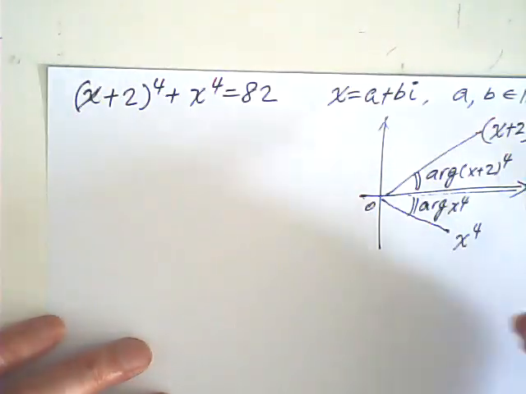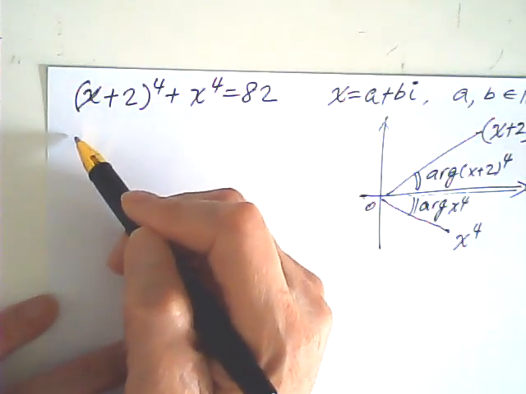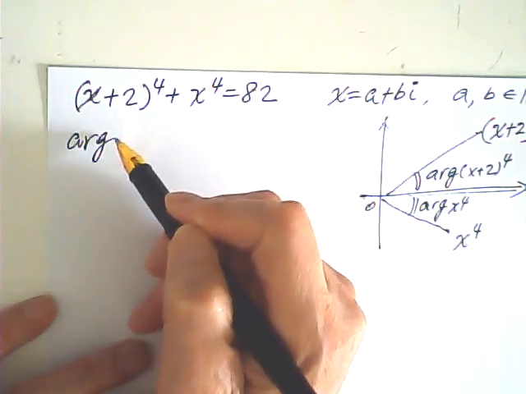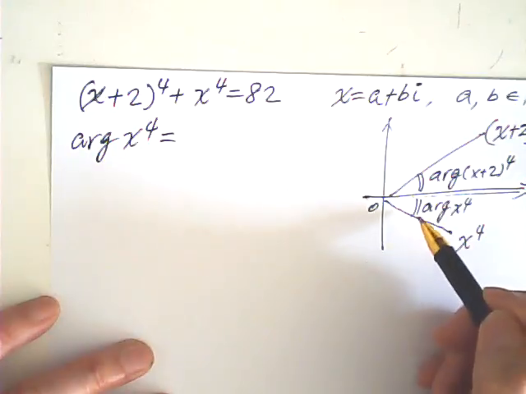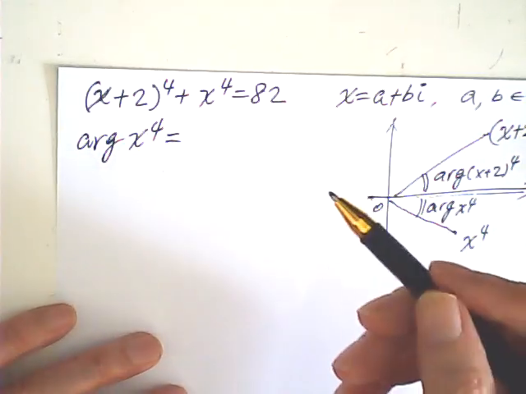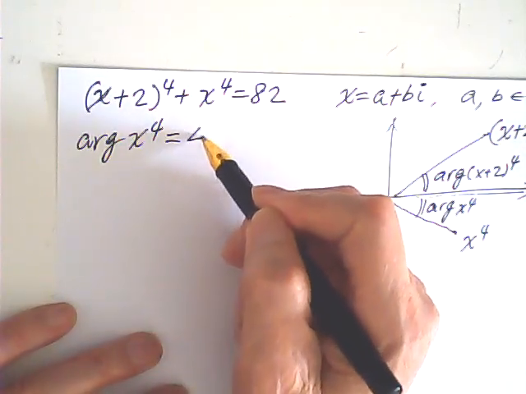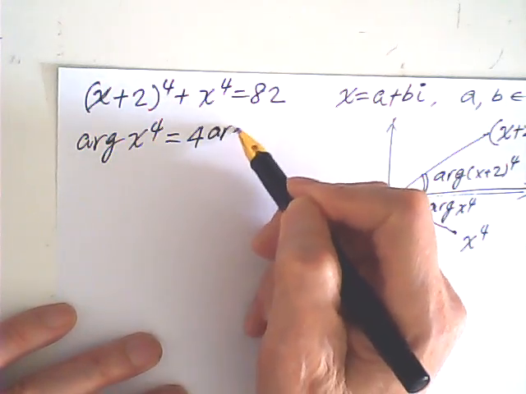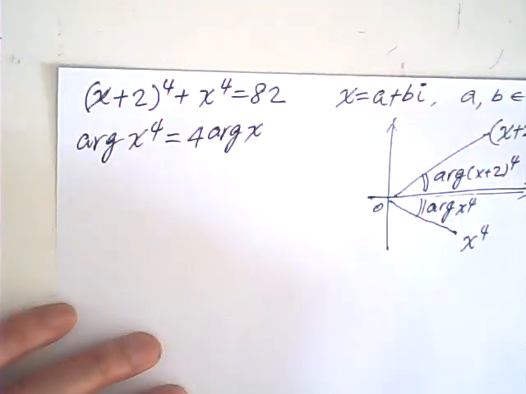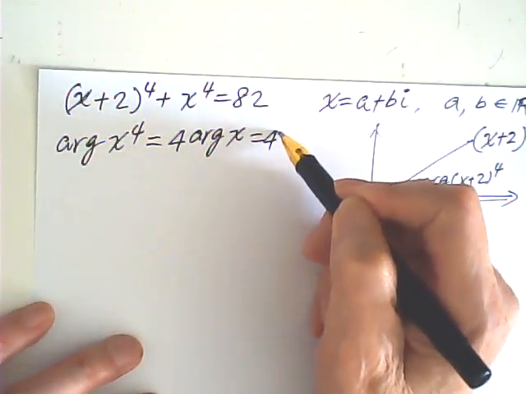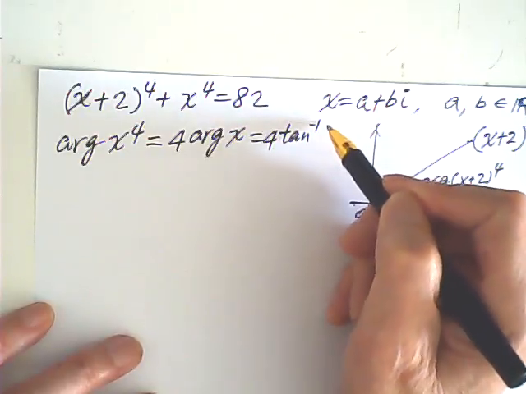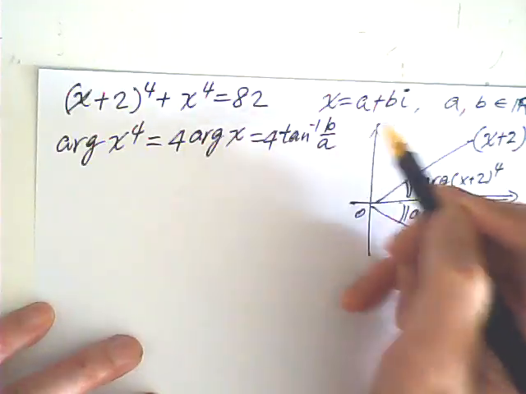Then the argument of x to the fourth, according to the de Moivre theorem, is equal to 4 times the argument of x, which is 4 times arctangent b over a.